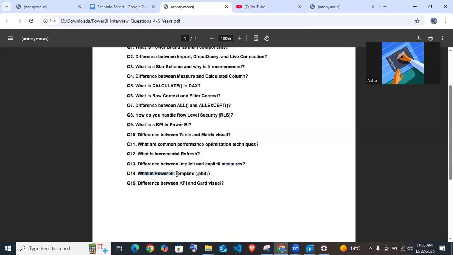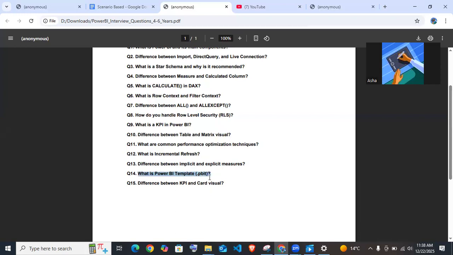Next question is what is a Power BI template? For example, report structures, measures, visuals, no data, just for the formatting. In some projects, a client wants to see the design and colors as per their requirement only, right? So we cannot implement the same formatting again and again in each visual.